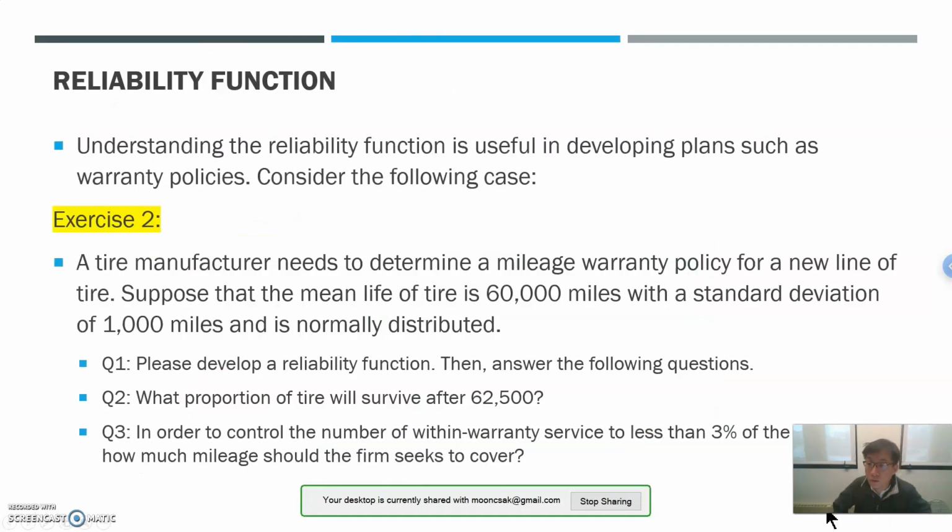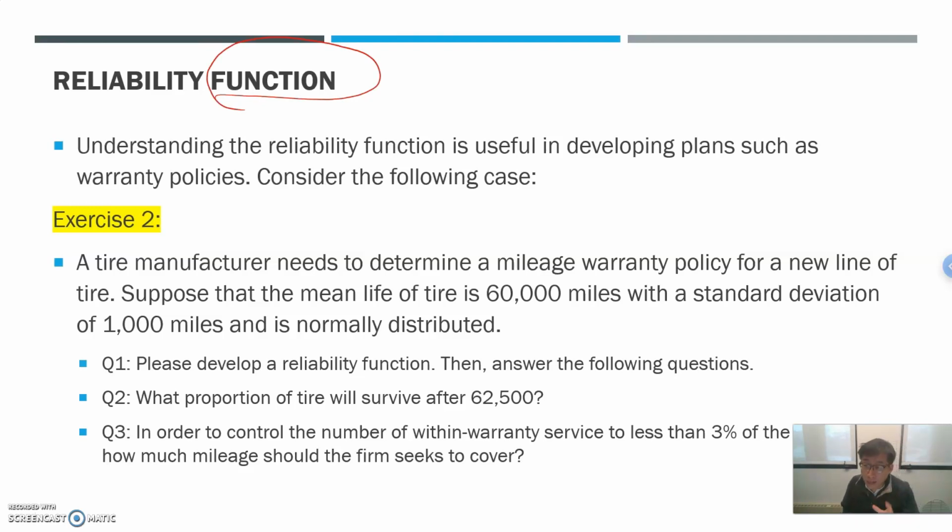And let's move on to the reliability function. In this case, instead of just calculating reliability at one single point, we'd like to obtain the function. As you know, a function looks like this or like this.